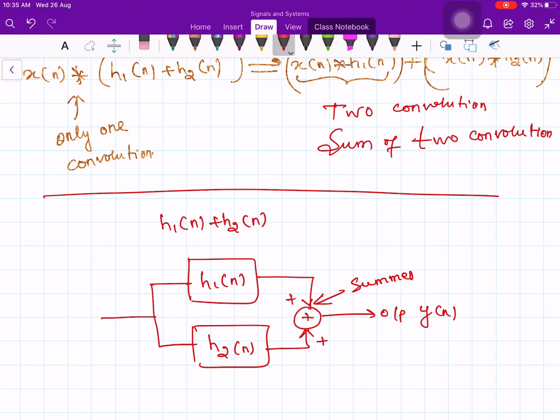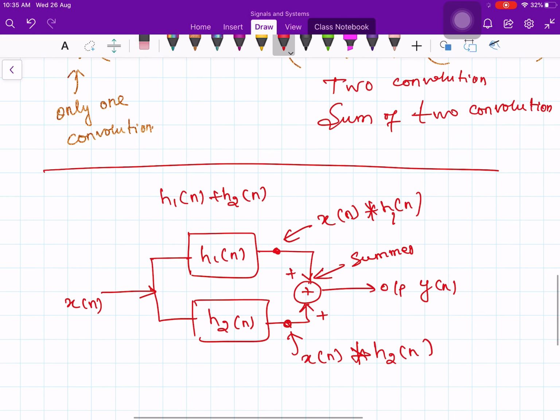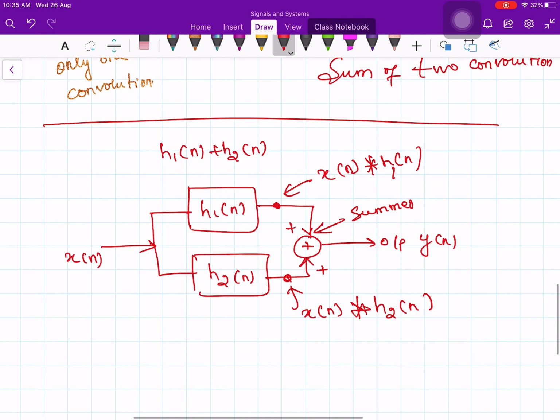What is the output at this point? This point is x of n convolved with h1 of n, and at this point it is x of n convolved with h2 of n. So the distributive property has a useful interpretation in terms of system interconnections. Here the systems are interconnected in parallel.